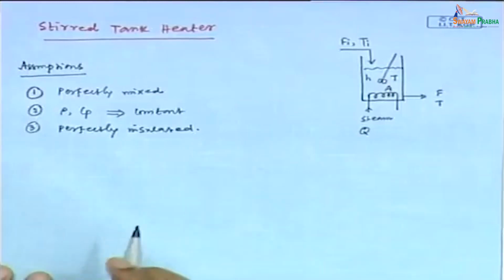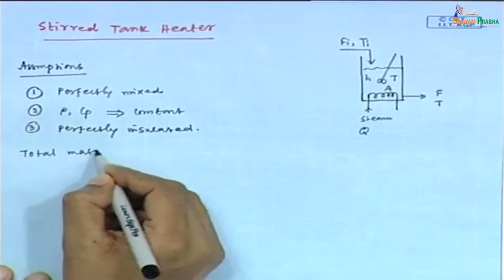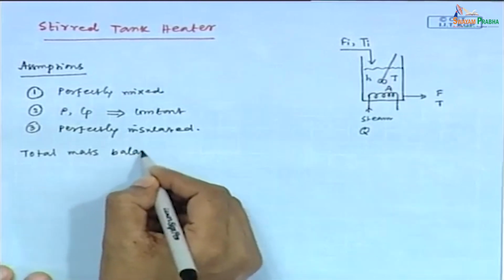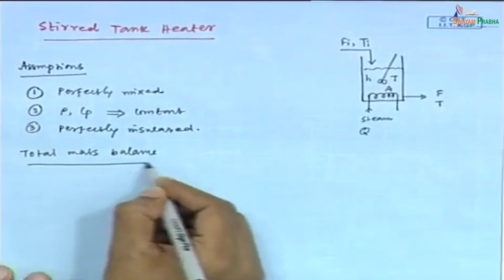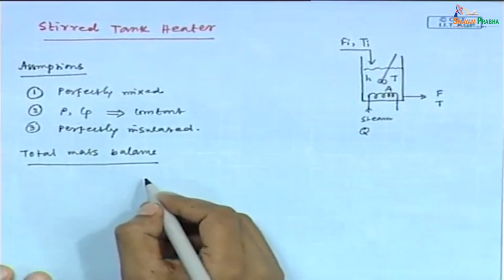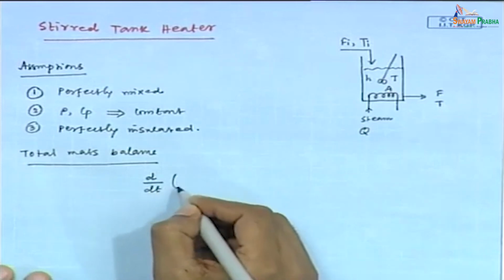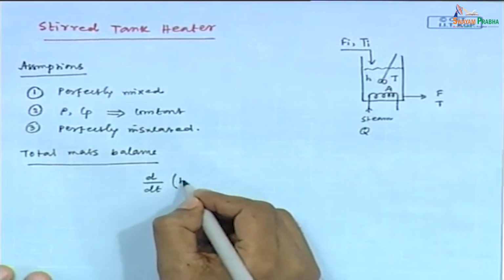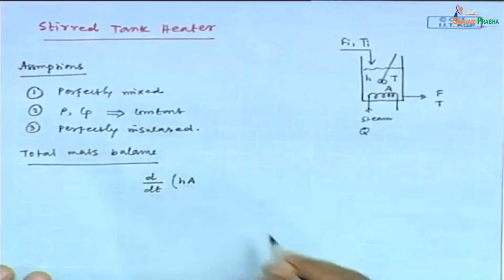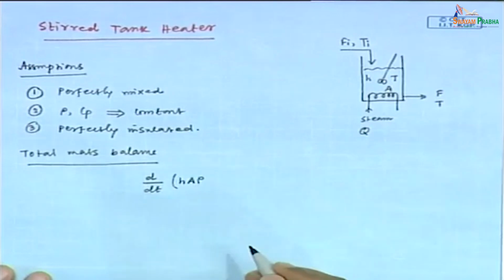So, first we will develop the total mass balance equation. Fine. So, what is the accumulation of mass? d/dt of liquid height multiplied by cross sectional area, that is volume, and volume multiplied by density, that is mass.